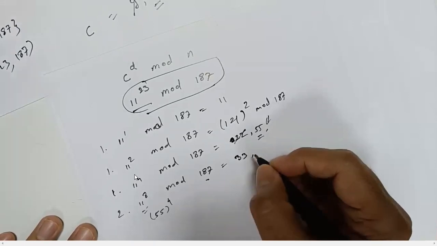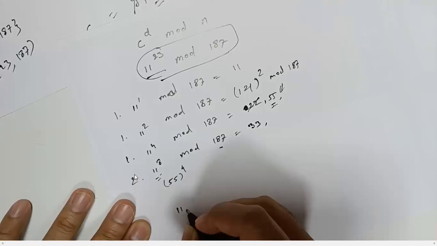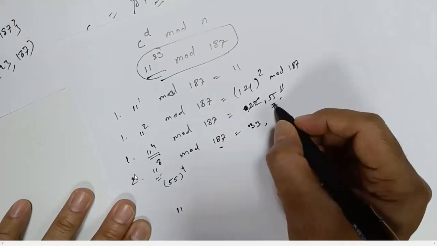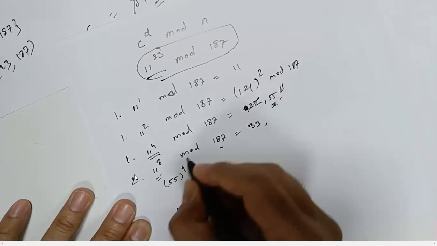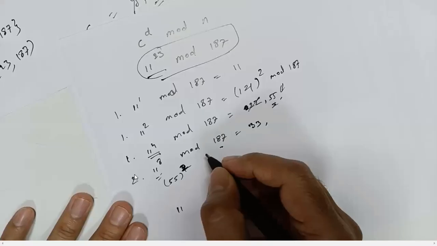Any other answer? So for the last one, why did we do the 55 to the power 4? Because 11 raised to 4 is 55. I'm sorry. Yes, sir. This has to be 55 raised to 2. I'm sorry.